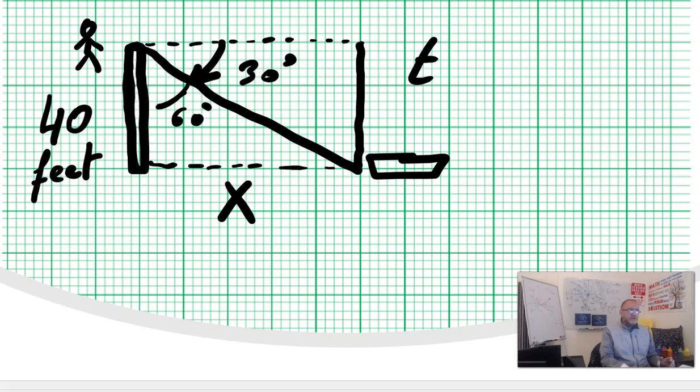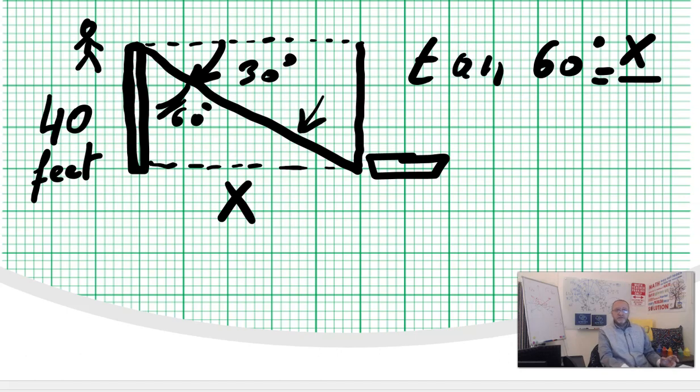You can do tangent of 60 equals what? Equals opposite. This is the x, right? This is 60 right here. Opposite divided by adjacent, even if you don't know this hypotenuse. Because the tangent doesn't need the hypotenuse, doesn't need the total force, doesn't need that rotating vector.